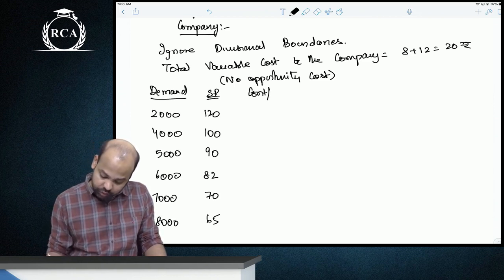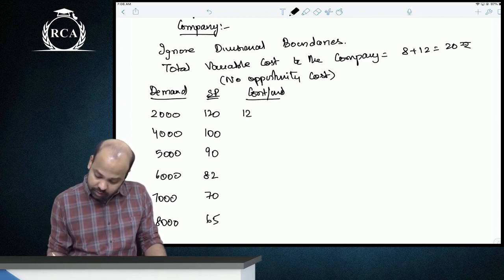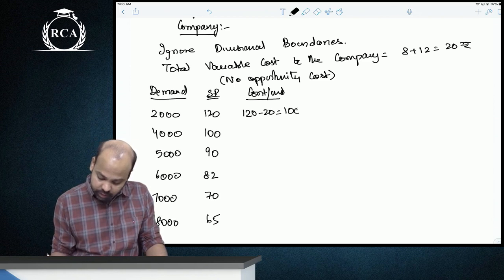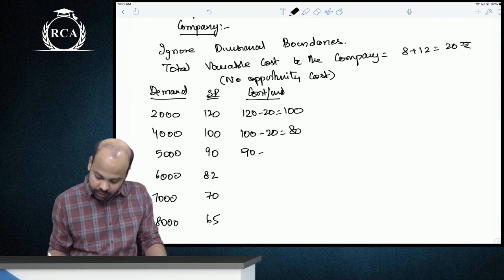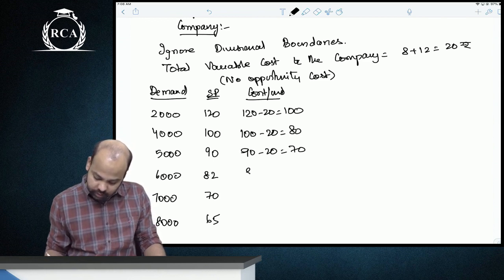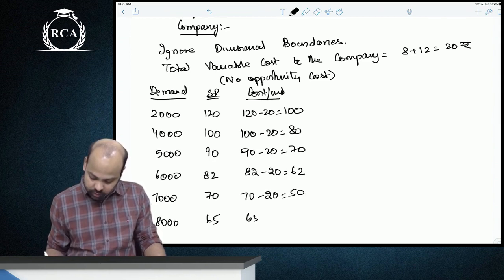The contribution per unit, guys, at all of these would be 120 minus 20 is 100, 100 minus 20 is 80, 90 minus 20 is 70, 82 minus 20 is 62, 70 minus 20 is 50, 65 minus 20 is 45.